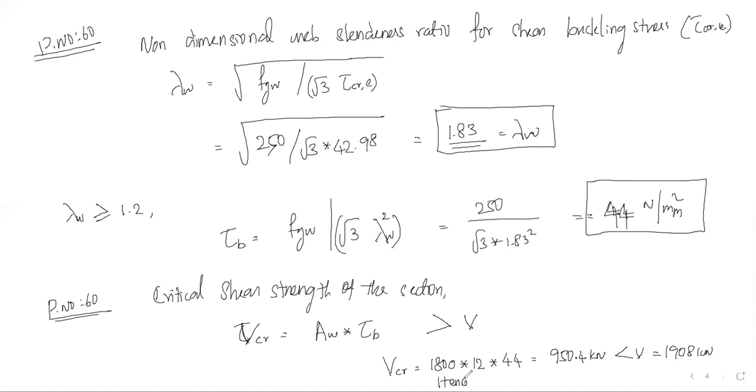Hence we have to redesign the web. The height we never change; we should go for thickness. So we have to redesign the web thickness, and we do step 7 again.